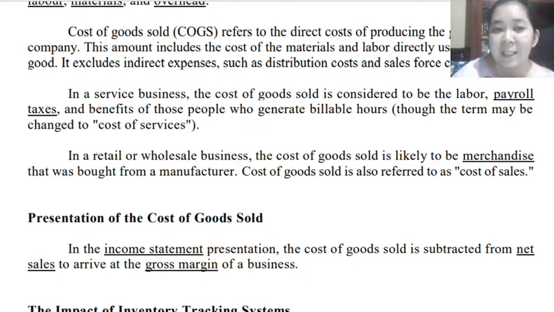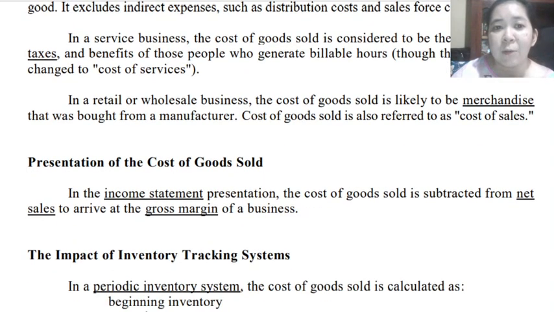For a retail or wholesale business, basically what we call a merchandising type of business, their process is to buy from the manufacturer the item or the inventory and then resell it to their customers.